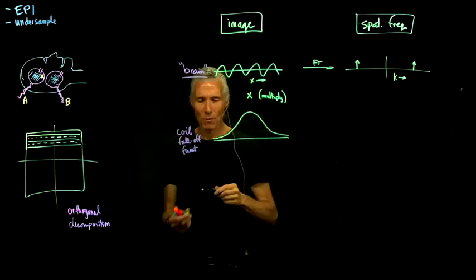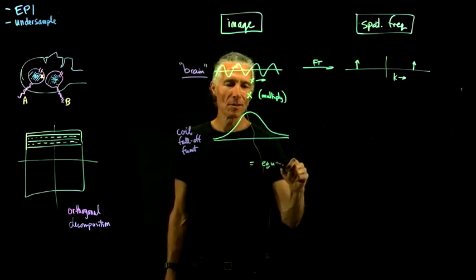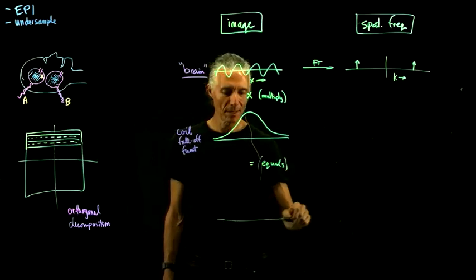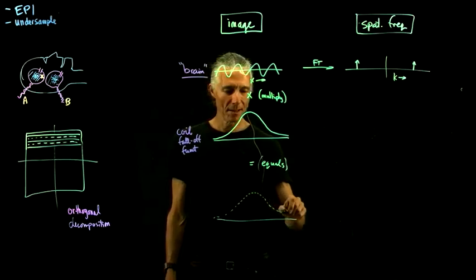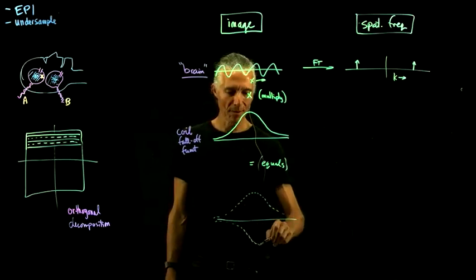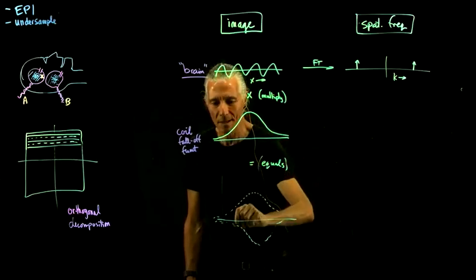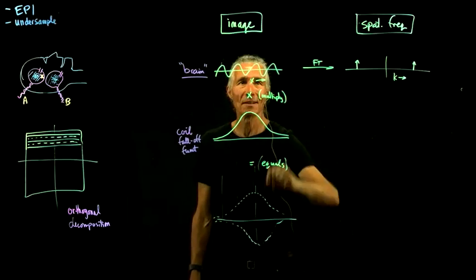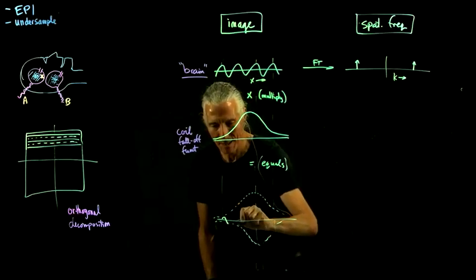So when we multiply that, what is that equal to? Not adding it, so multiplying it. It's going to be equal to that cosine in a kind of Gaussian envelope. I've got to put the peaks in there so I can get this correct. So it's going to look something like this.